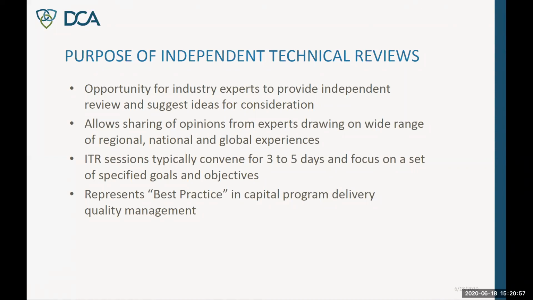And the whole independent technical review concept is a best practice in capital delivery programs pretty much throughout the world for improving quality and making sure that ideas don't go unnoticed throughout the project. So this one was no exception. So go ahead, Claudia.